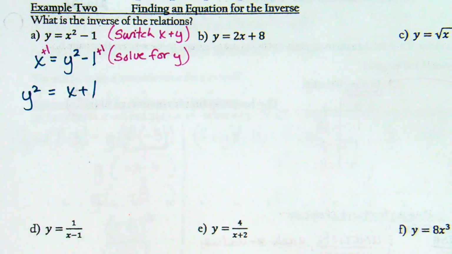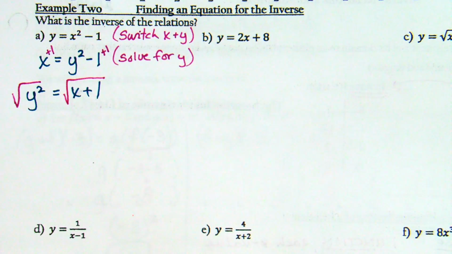How do I continue solving for y? Okay. If it's y squared, how do I get that squared to go away? We take the square root. If we square root the left, square root the right. What's the square root of y squared?